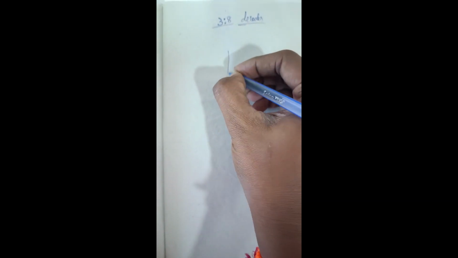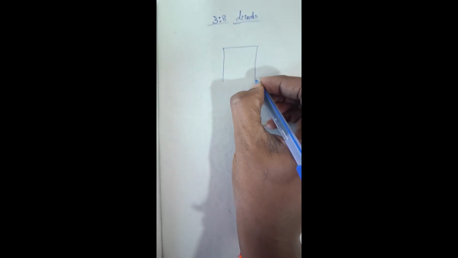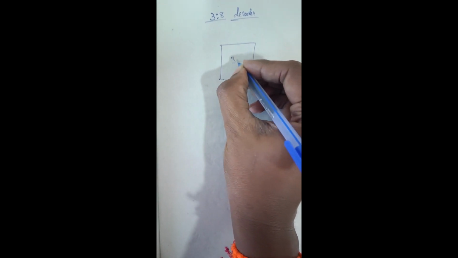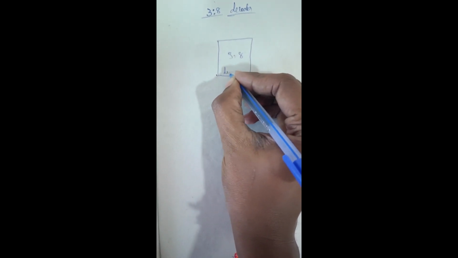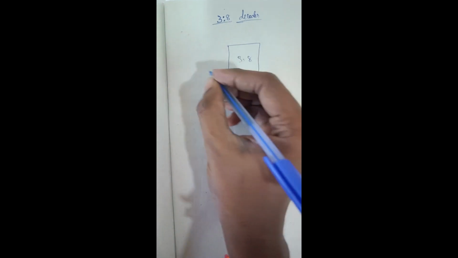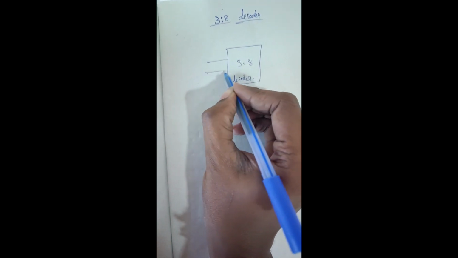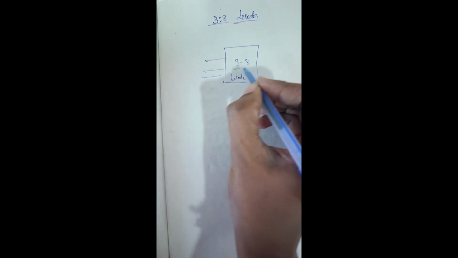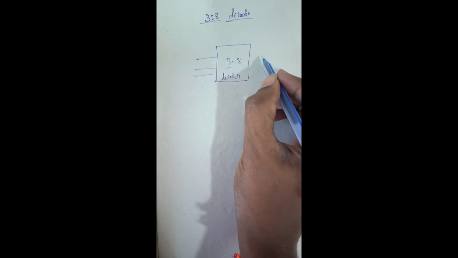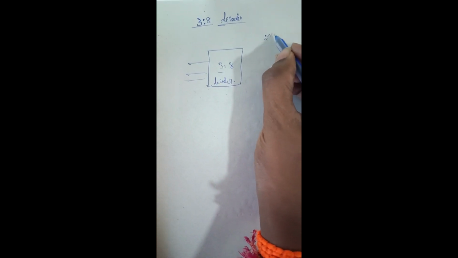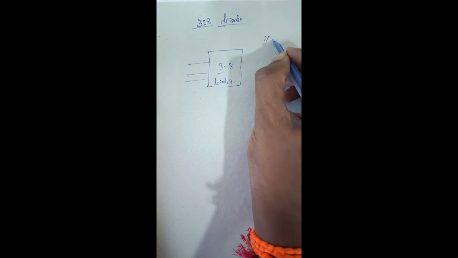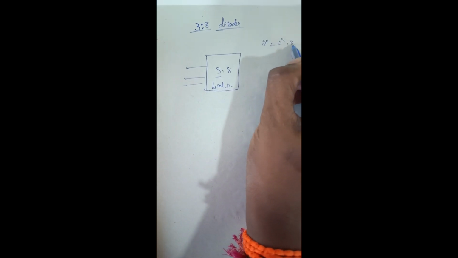A 3:8 decoder means here we will have a block which is nothing but a 3:8 decoder. There will be n inputs, that means here 3 inputs, and 2 power n outputs. Here n is 3, so 2 power 3 means we will have 8 outputs.